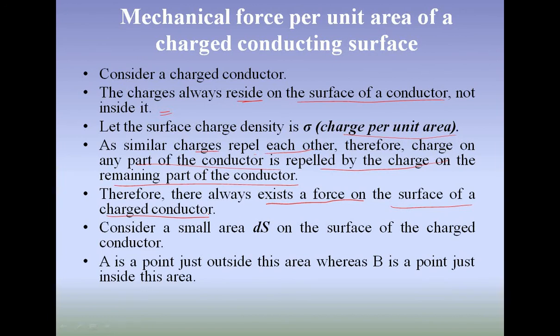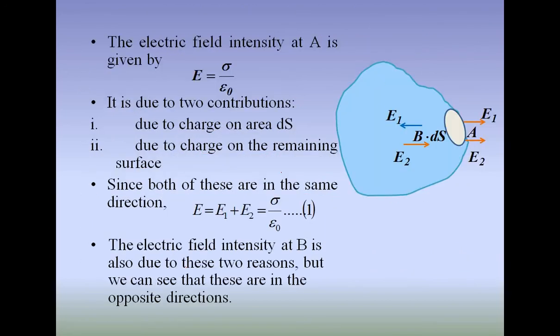Okay, so for this we consider a small area ds on the surface of a charged conductor, and in that we consider a point A which is just outside this area, whereas B is a point which is just inside this area. See this figure, and this is the surface. In this we have considered this area ds, and outside this we have considered a point A, and inside we have considered a point B. Okay, then we will calculate the electric field intensity at A, which is given by E is sigma by epsilon naught.